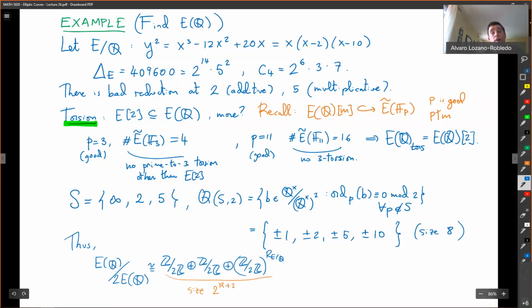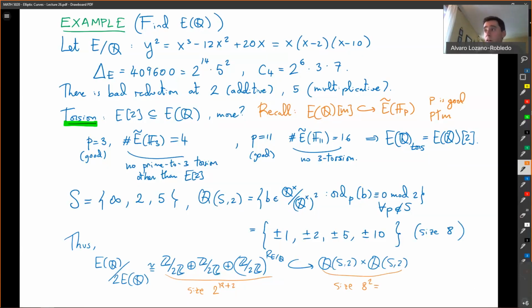And the theorem of descent tells me that this injects into QS2 cross QS2, which is of size 8 squared. But that is 2 to the 3 to the 2, so 2 to the 6.